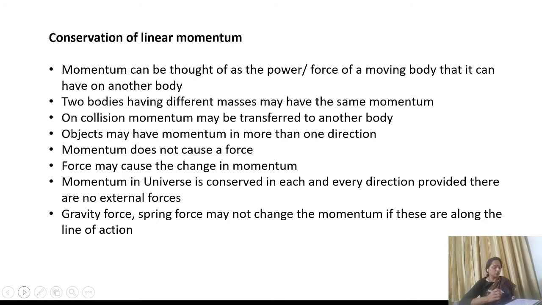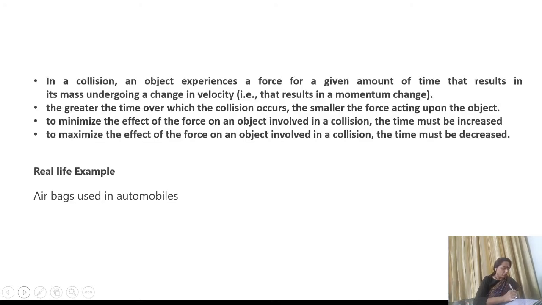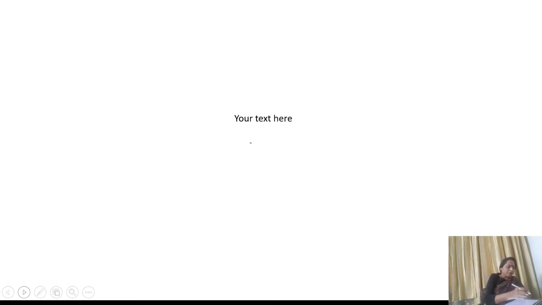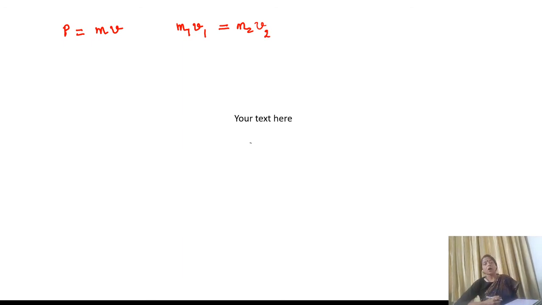Why am I saying so? Because momentum is defined as P equals mass into velocity. So if some body is of mass m1 with velocity v1, and another body has mass m2 moving with velocity v2, and both have the same momentum but there is a difference of masses between m1 and m2, then there should be a relation between their velocities.